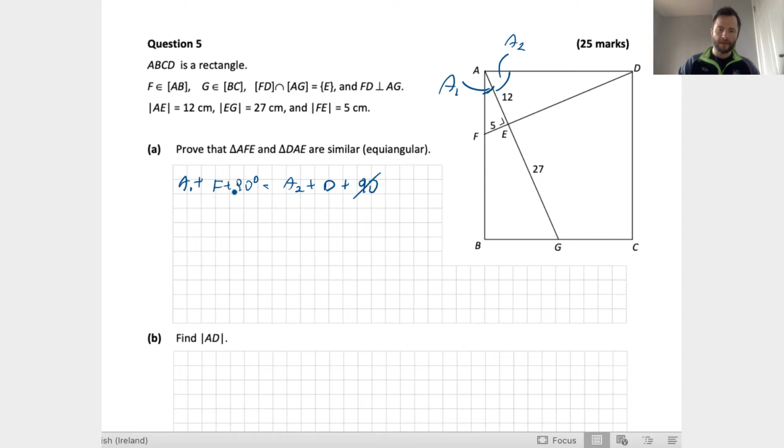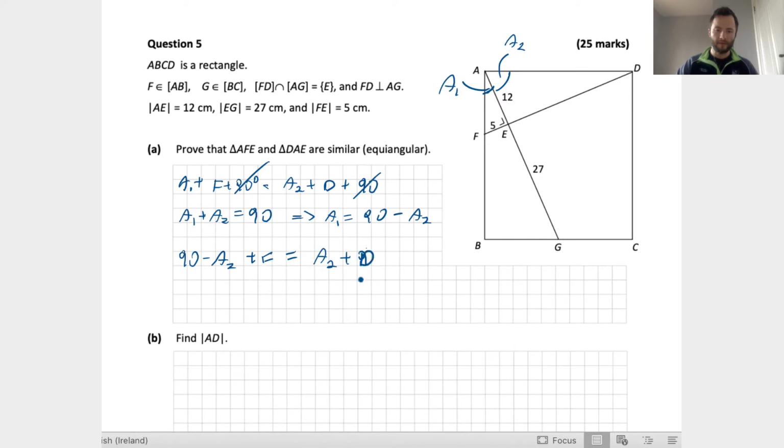So I'm going to cancel the 90s because there is no need for them. Also, I'm going to note that angle A1 plus A2 is equal to 90. So A1 equals 90 minus A2. I'm going to substitute that, and I'll get 90 minus A2 plus F equals A2 plus D.